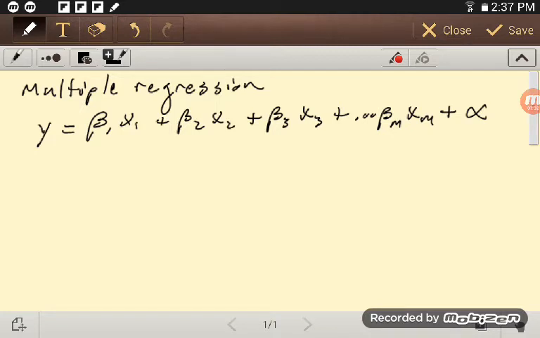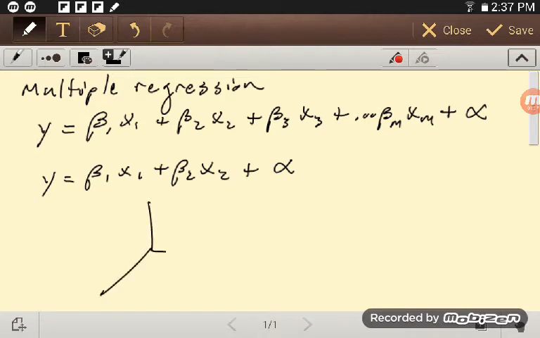So this is an m-dimensional problem. If I just had something like y equals beta 1 x1 plus beta 2 x2 plus alpha, well then we're talking about points out here in space, and we're maybe trying to find a plane in space that will fit this.